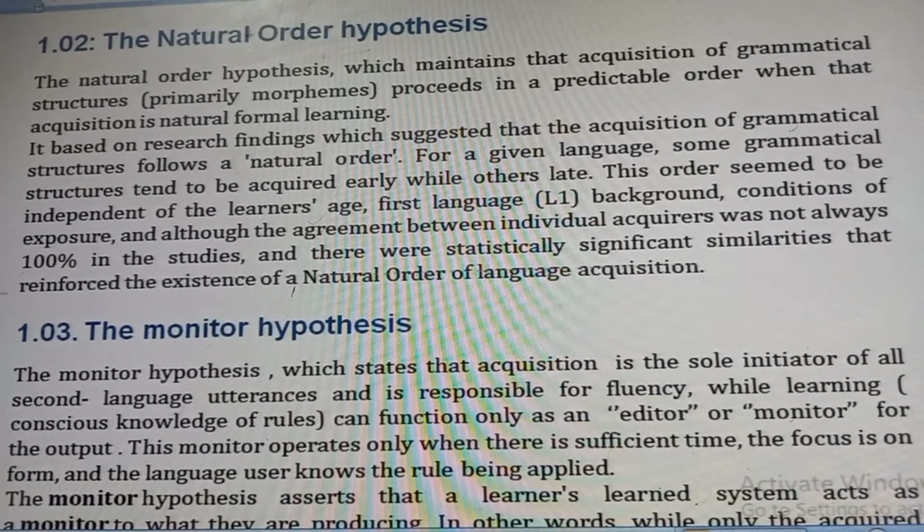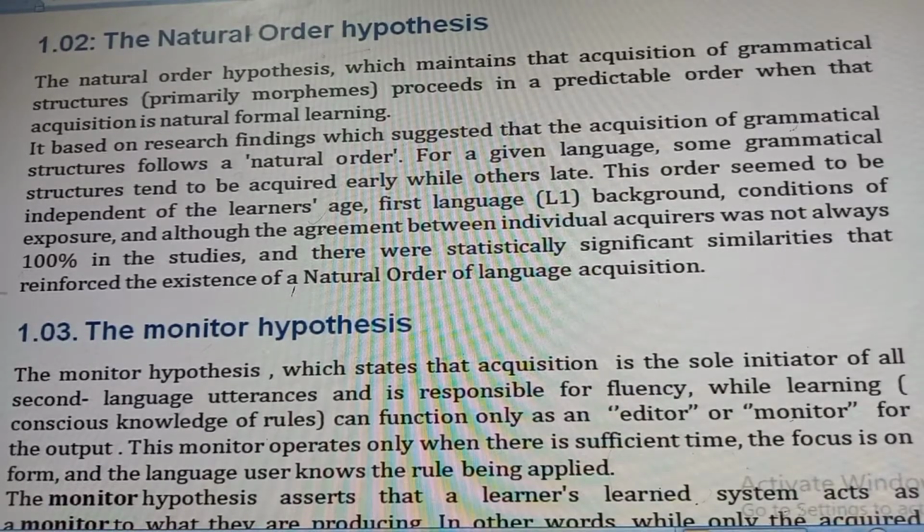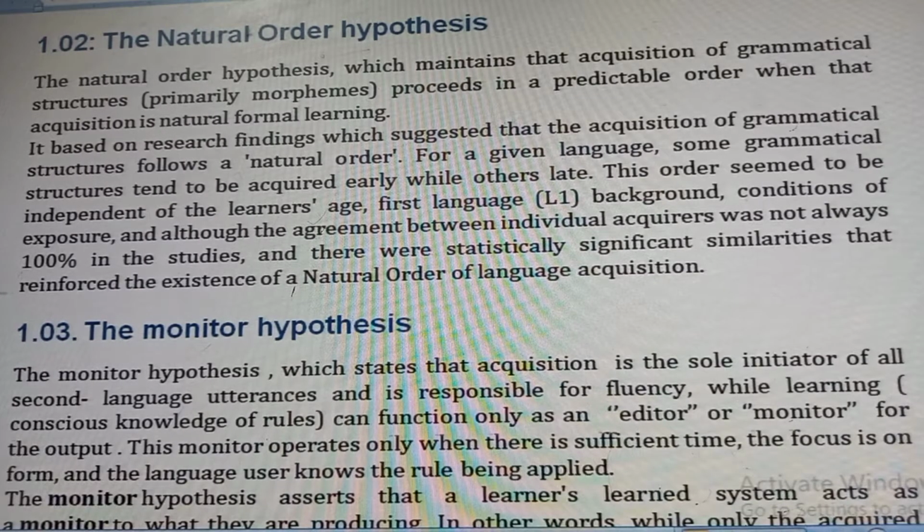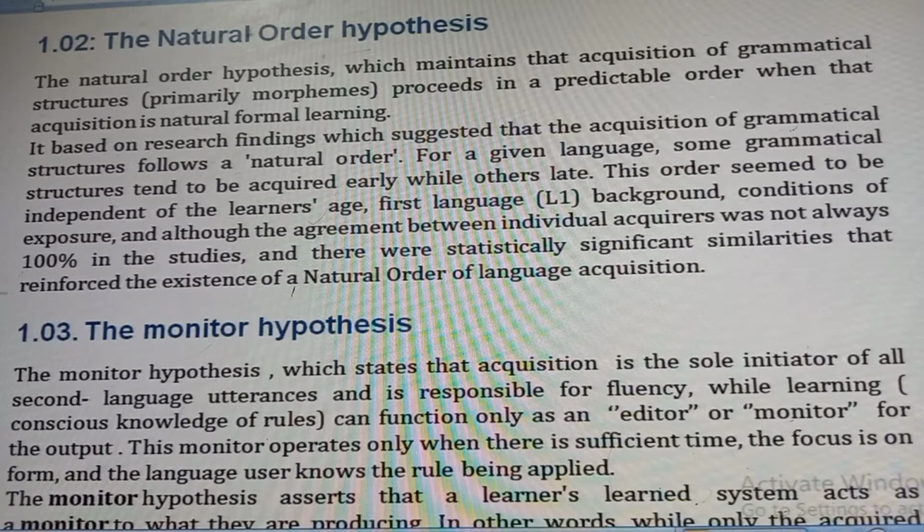The natural order hypothesis maintains that acquisition of grammatical structures, primarily morphemes, proceeds in a predictable order when that acquisition is natural rather than formal learning. It is based on research findings which suggested that the acquisition of grammatical structures follows a natural order. For a given language, some grammatical structures tend to be acquired early while others late.